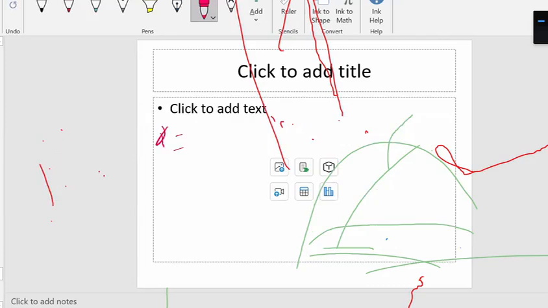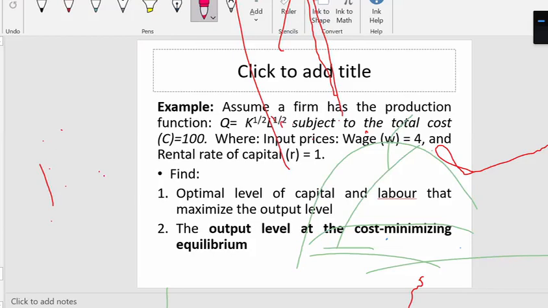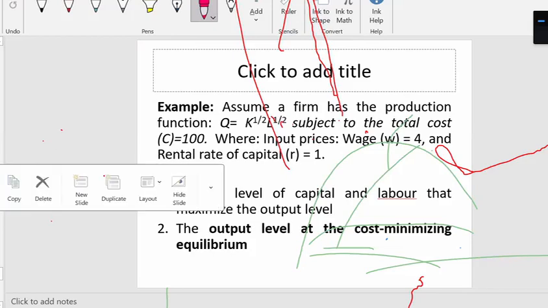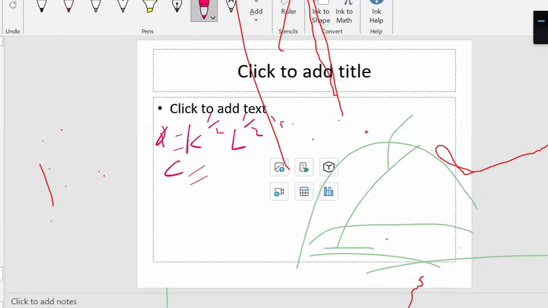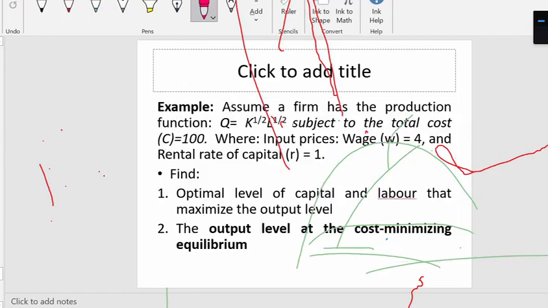Production amesema ni K power half, L power what? Alafu anasema subject to the total cost. C is equal to what? Ametupa gharama is how much? 100. Now what you are supposed to do?